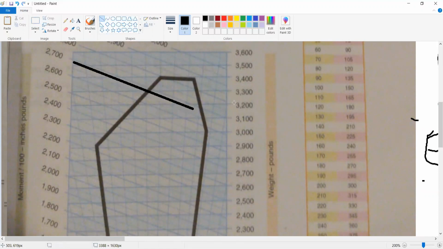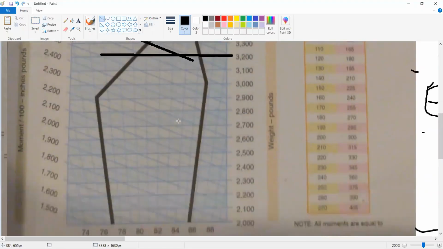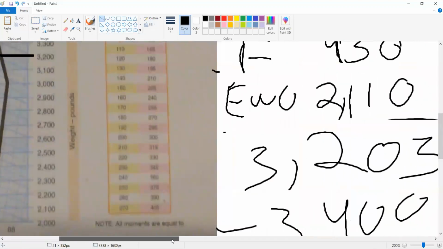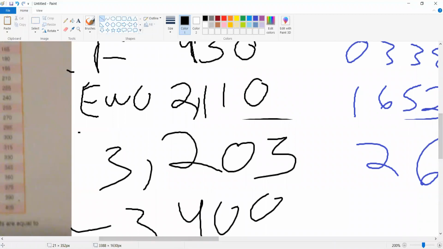And then we're about 3,200 over here. So where they intersect is our, that's 83, almost 83. It's not 84.